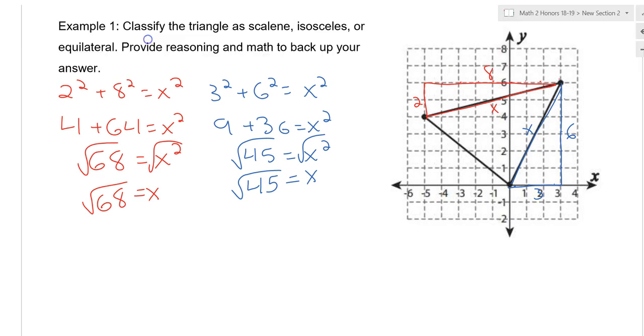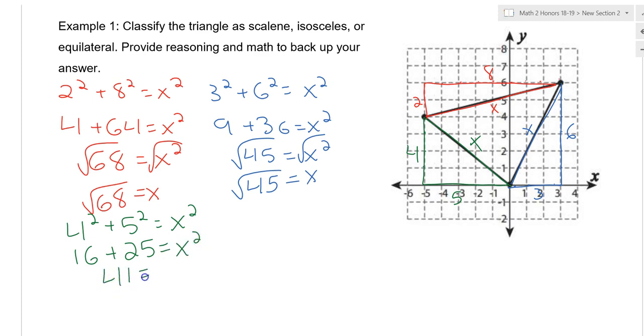And then our last side, going from here to here, we're finding this length. So 1, 2, 3, 4, 5, and 1, 2, 3, 4. Four squared is 16, plus 5 squared is 25.